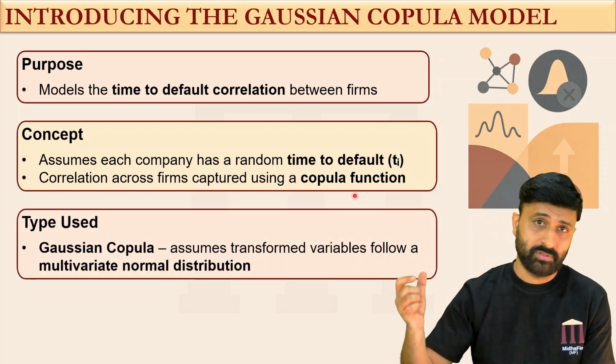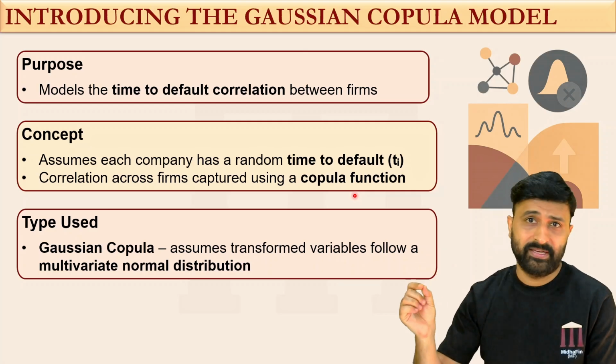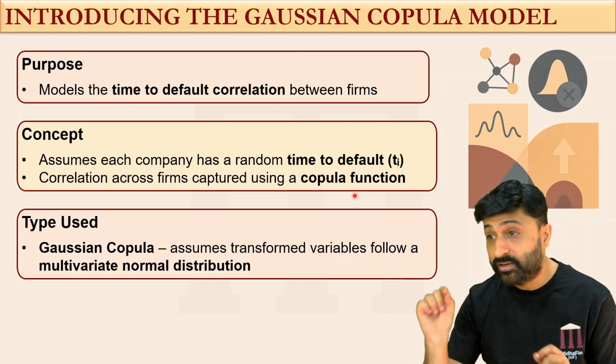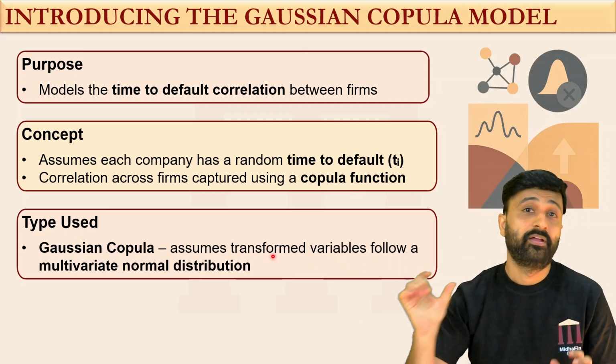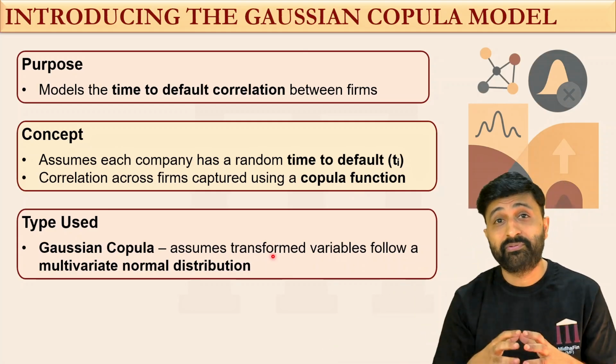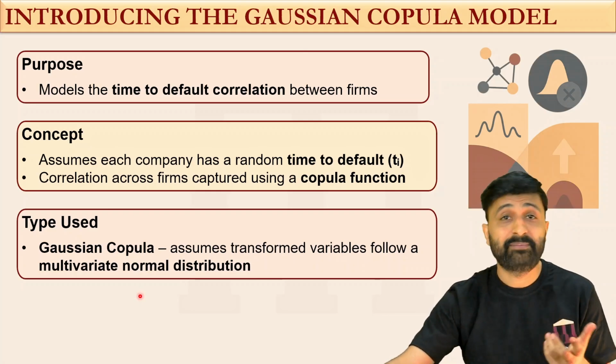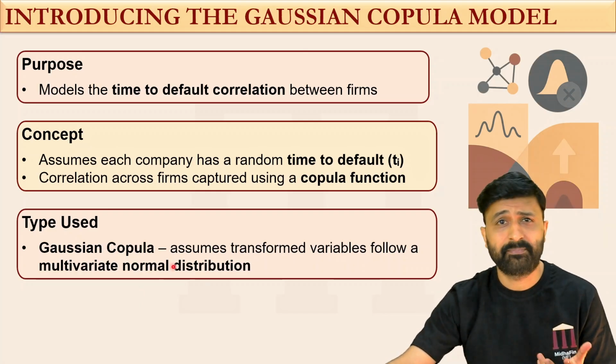We use a Gaussian copula, which means that after we transform each firm's time to default into a standard normal variable, we assume those transformed variables are jointly normal. That's the key simplifying assumption that makes the math work.